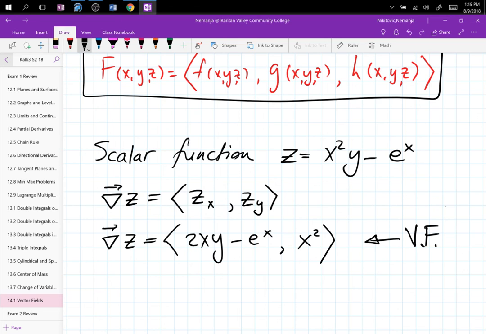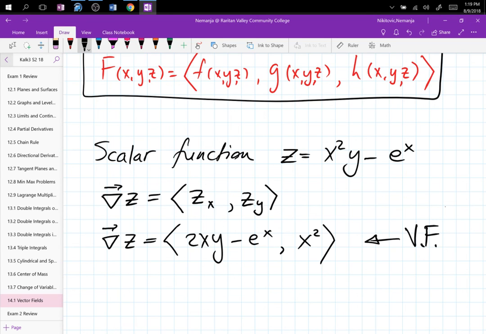So all we need to remember today, a vector field is a function which assigns to each point in space, whether it's 2D or 3D, a vector. And you calculate those vectors by first figuring out which vector you want to calculate.